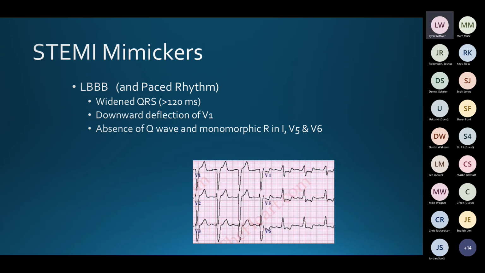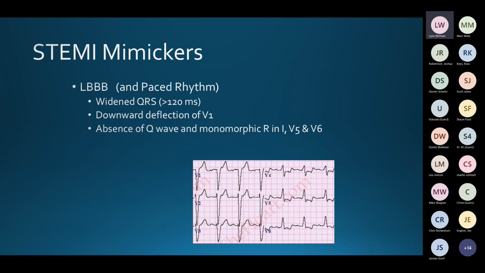Now, when you knock out a bundle, so you knock out the left bundle, the stimulation that has come from the AV node goes to the right ventricle, and then because the left bundle is damaged and won't transmit, the right ventricle stimulates the left ventricle to contract.